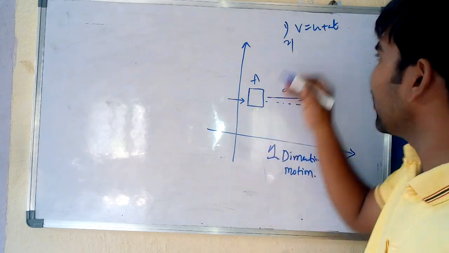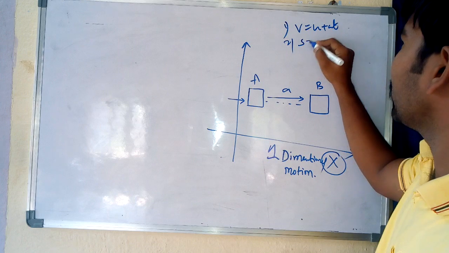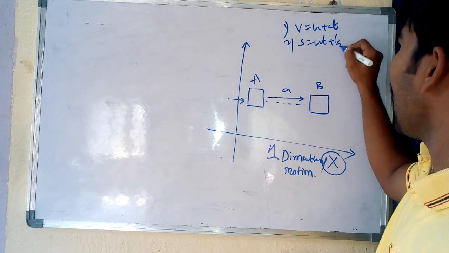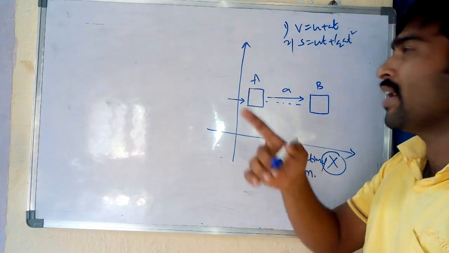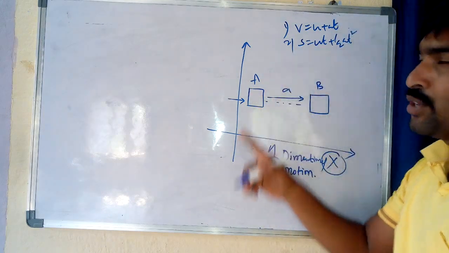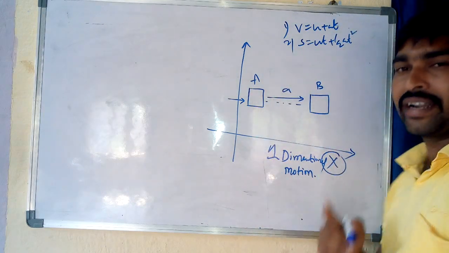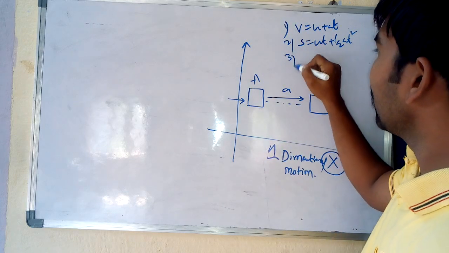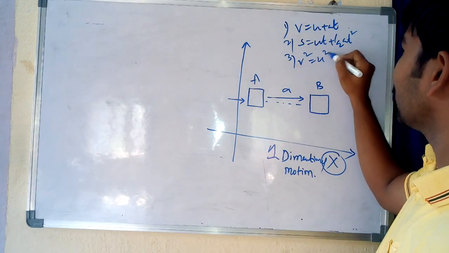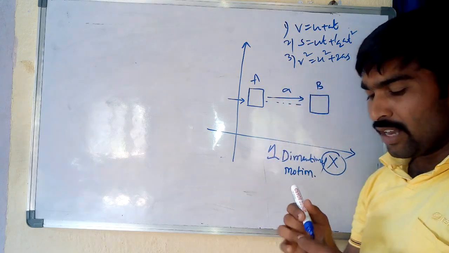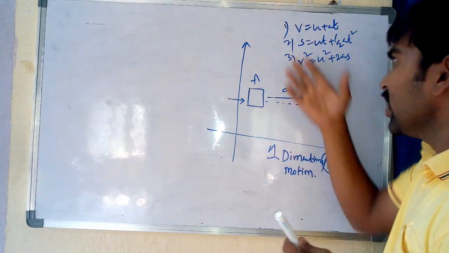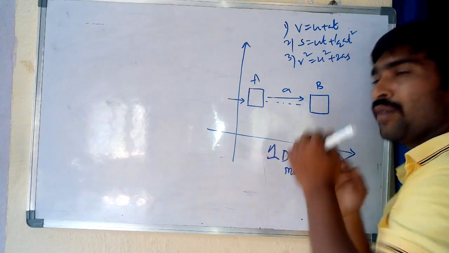The second one is S is equal to UT plus half AT square. This is the displacement value. Then V square is equal to U square plus 2AS. This is the value for velocity. We know the three equations about this one dimension.